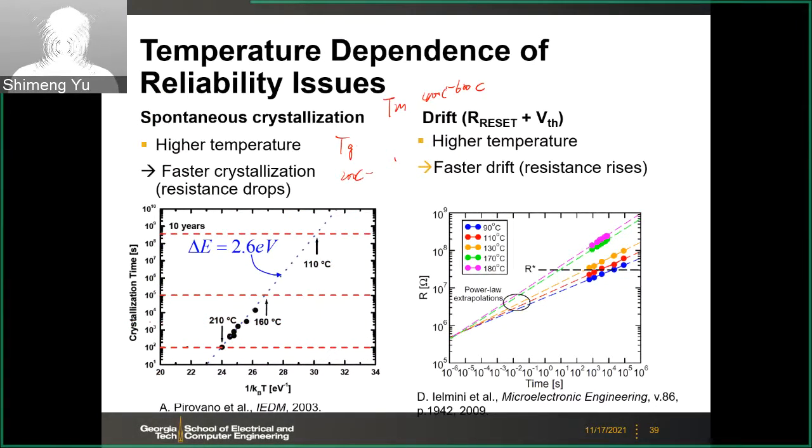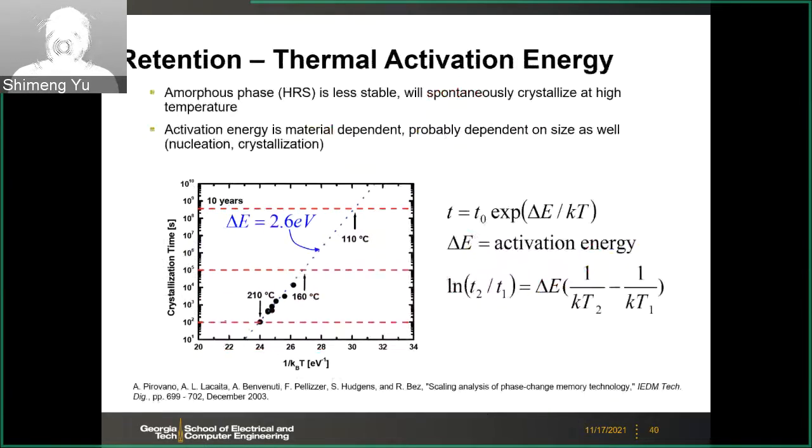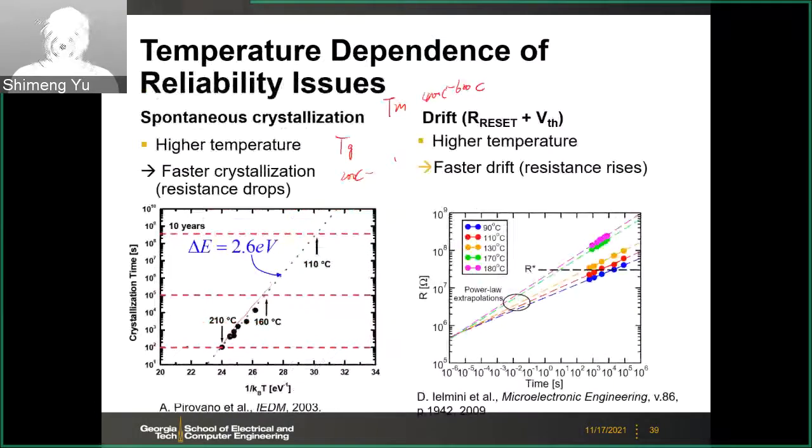So basically, the time to change from high resistance state to low resistance state, and then you can draw this extrapolation using this slope, and then you look at 10 years again. If you recall, this is a number for 10 years, 3 times 10 to the power 8 seconds.